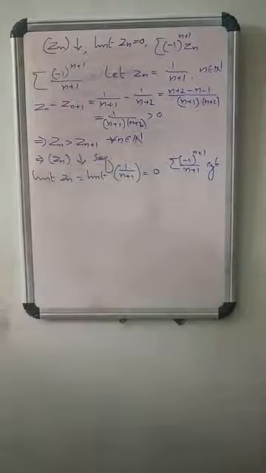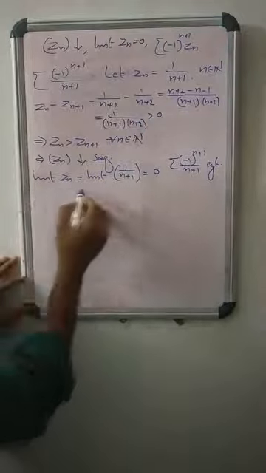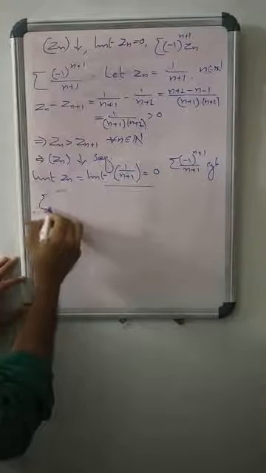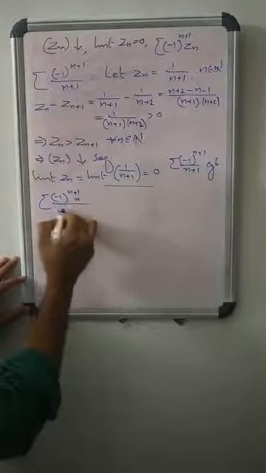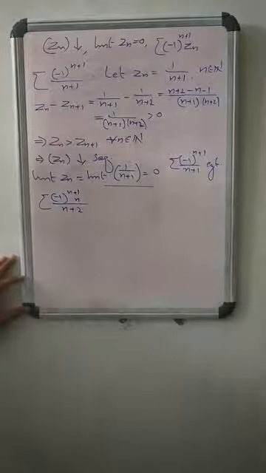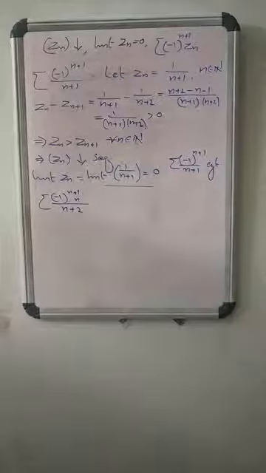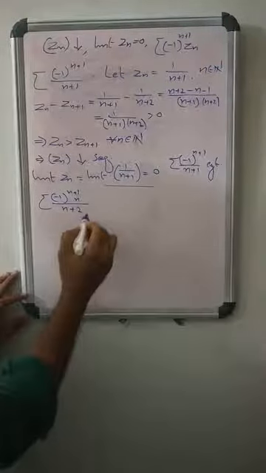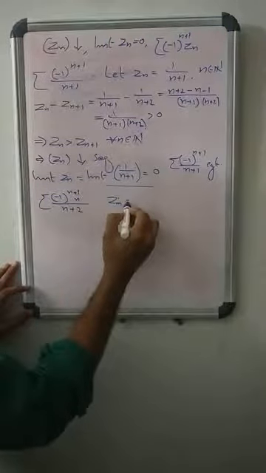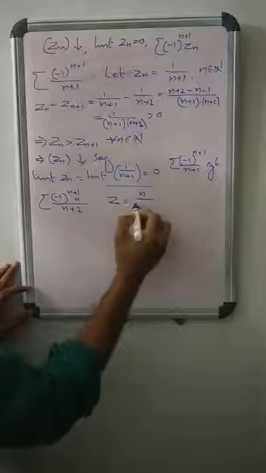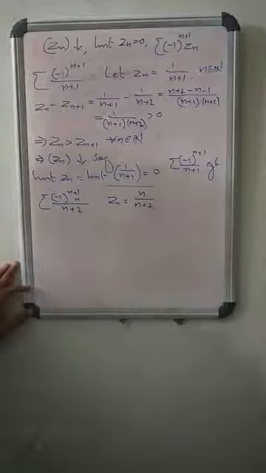What about the convergence of sigma (-1)^(n+1) into n by n plus 2? Does it converge or diverge? Here, it does not converge. Why? Because you can choose Zn equals n by n plus 2.